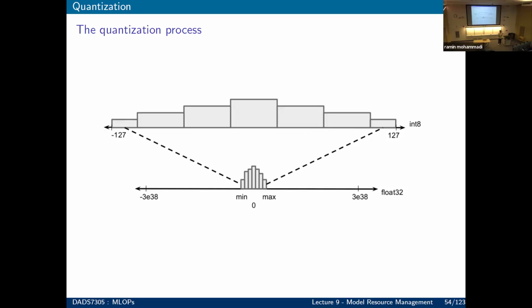There are only 256 numbers in between in int 8. In float 32, you can see how many numbers you can find there, right? So it changes the dynamic range, it bucketizes the data, and you need fewer numbers to represent your data in general. Okay, so that's the idea of quantization.